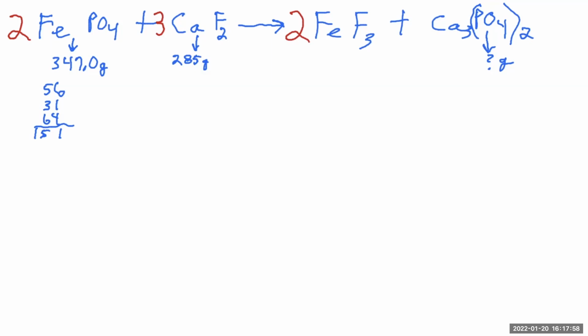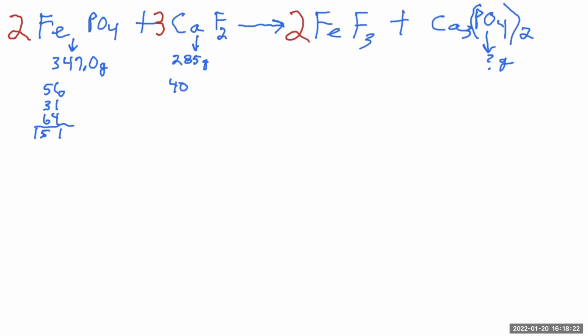Yes. All right, so for the next one, we have calcium fluoride. How many calciums do we have? 1. Perfect, we have 1 calcium, and calcium is 40. And how many fluorines?